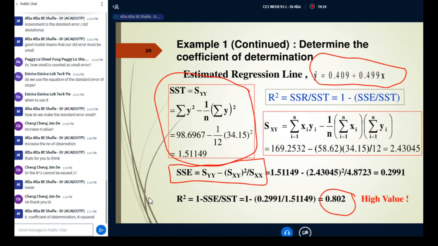Some books give the lowercase of the r. So R squared should be greater than 0.65 to indicate a strong relationship.